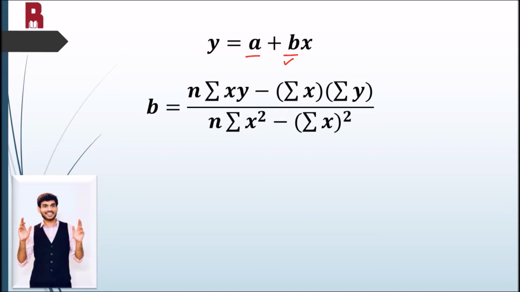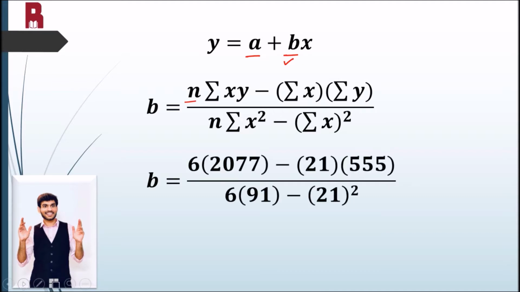Now in our question, n was equal to 6, so therefore b is equal to 6 into summation xy, that is our last column, 2077, minus summation x, that was 21, summation y, that was 555, divided by n summation x square, that is 6 into 91, minus summation x the whole square, that is 21 the whole square.